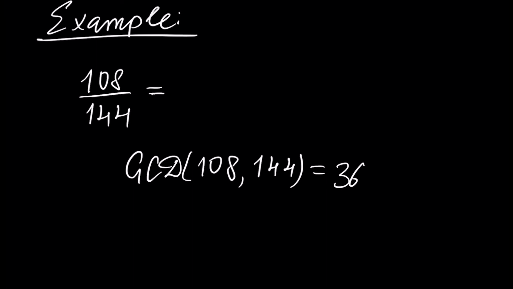In other words, 36 is the greatest common divisor of the numbers 108 and 144. And we can divide numerator and denominator by this GCD, greatest common divisor. This is the divisor and this is the greatest divisor.